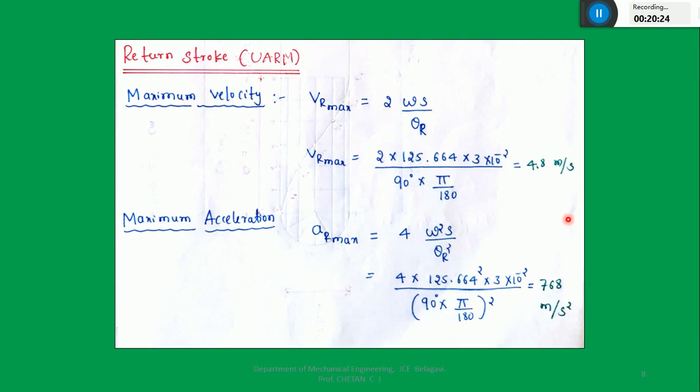Yes, sir. You can calculate later also. You just substitute these values directly, whatever is appearing on the screen. You should get this answer.